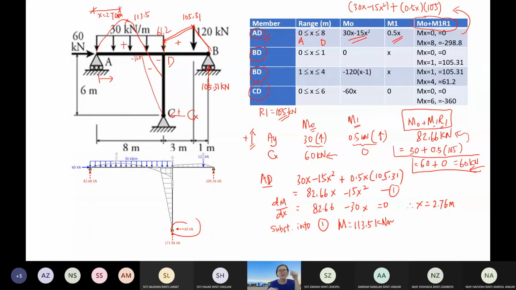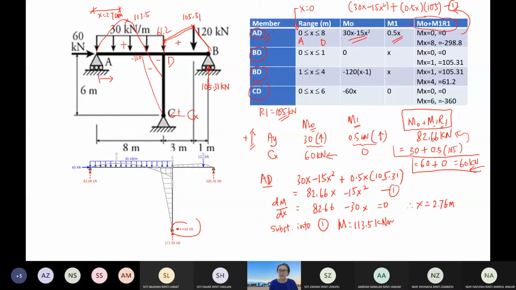So you might want to get more points, substituting different x so that you can plot the curve. But if you just want to plot the shape, I think these important points A and D are sufficient. For A, you substitute x equal to 0 into this equation, let's say equation 1.